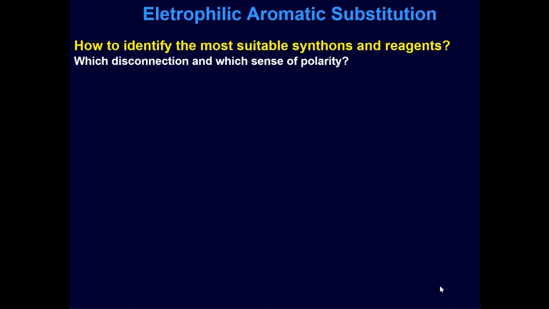How to identify the suitable reagents for those synthons? Further, when we break the molecule, which fragment should get a positive charge or which fragment should get a negative charge? And for this thing, we need to have the sense of polarity.